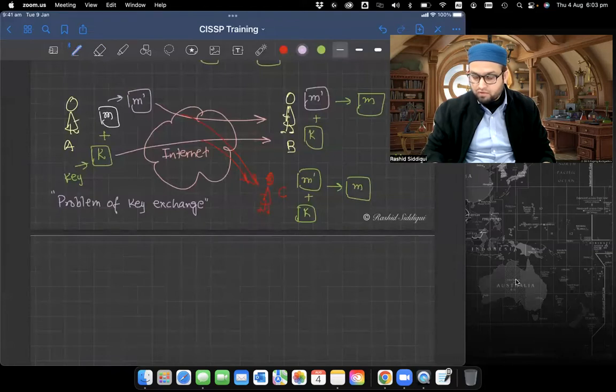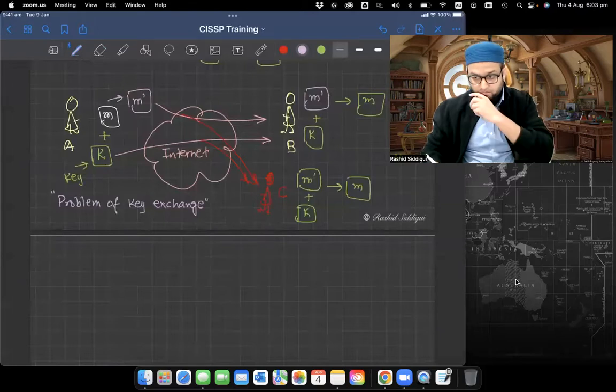But if you have a secure path to transport the key, why not transport the message itself on the secure path? Then you don't need encryption. So you are in, not exactly, but you are in a chicken and egg problem: you have a message M, you want to encrypt it with a key, but how will you transfer the key, right?